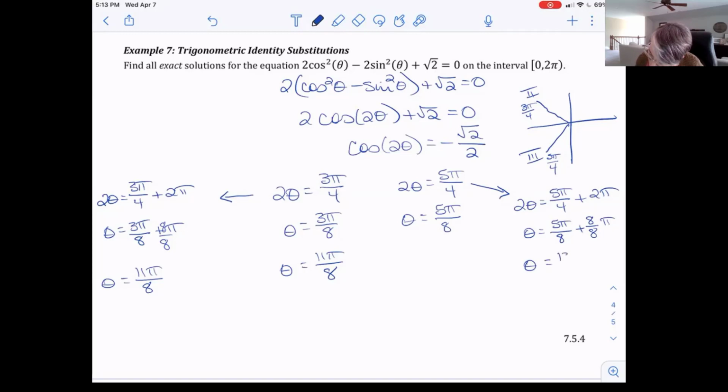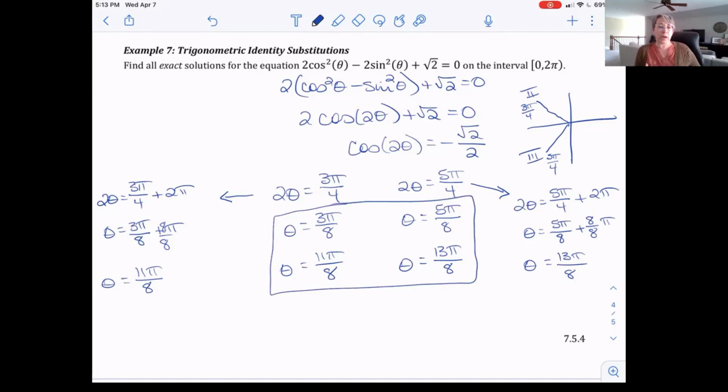So that would be 13 pi over 8, also still within our interval. So we get a theta equals 13 pi over 8. If we kept going another 2 pi, notice we're already getting pretty close. We're at 11 pi and 13 pi, both over 8. 16 pi over 8 would be our max. So we know we can stop right there.